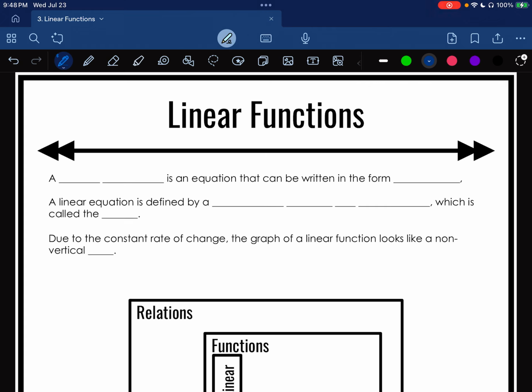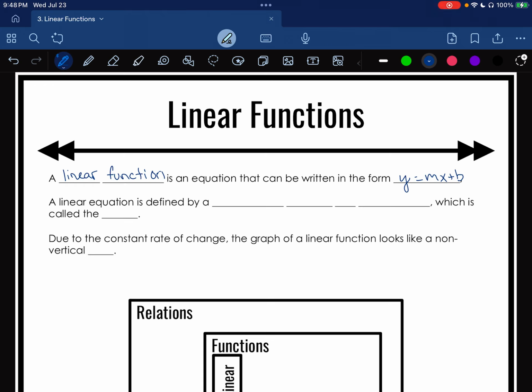So, a linear function is an equation, or a function, that can be written in the form y equals mx plus b.